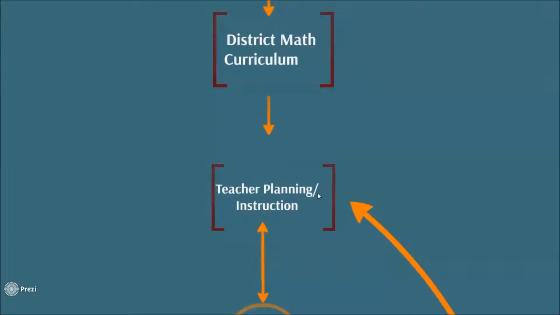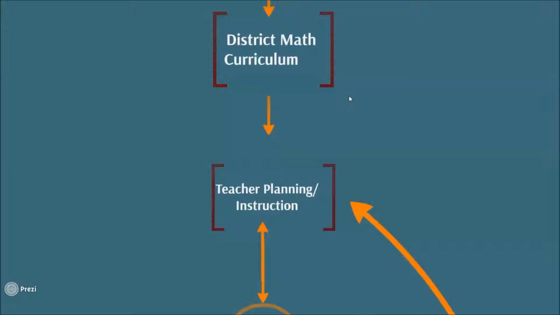This is supposed to represent the planning, the preparation, and deciding, for example, the timing and the order of instruction. A lot of that is based off of the Go Math textbook and the Go Math materials, and so that's why I have it directly under the curriculum.